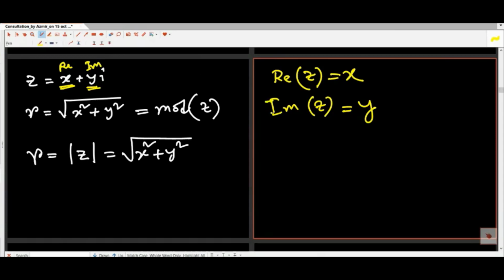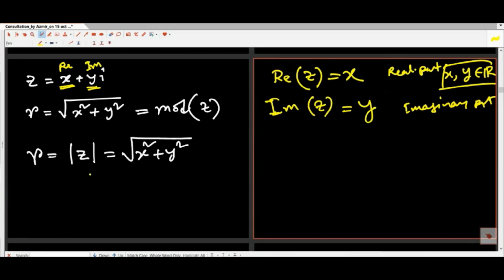So remember that x and y are real numbers. Re of z means the real part of z, and Im of z is the imaginary part of z.